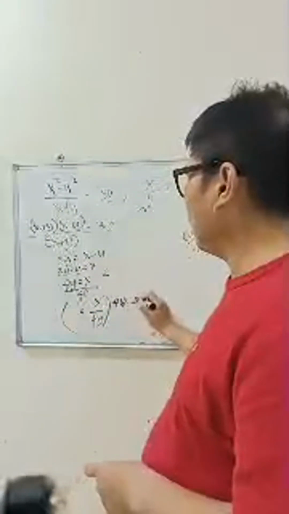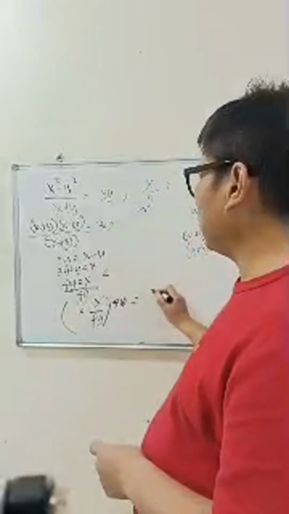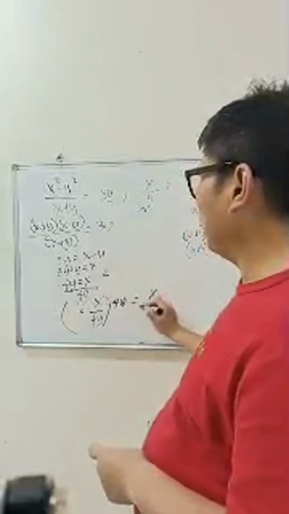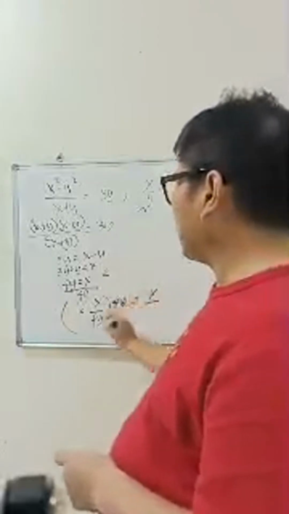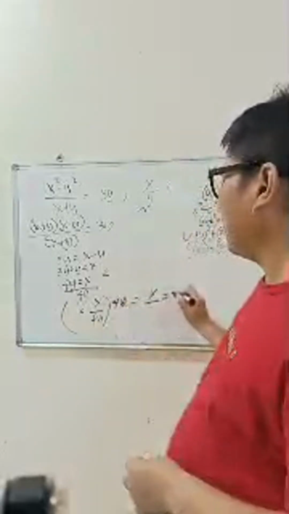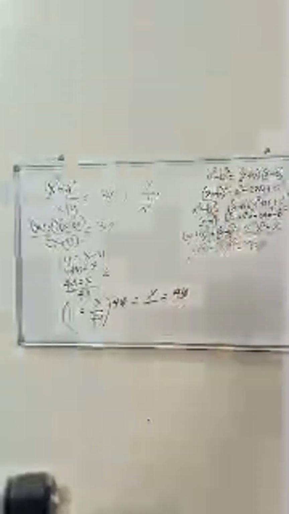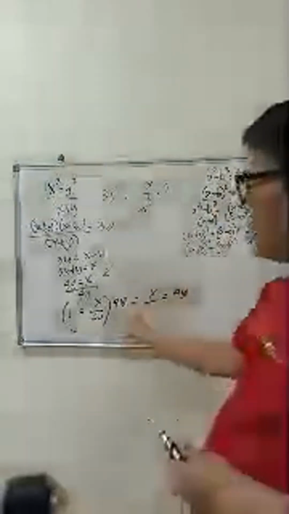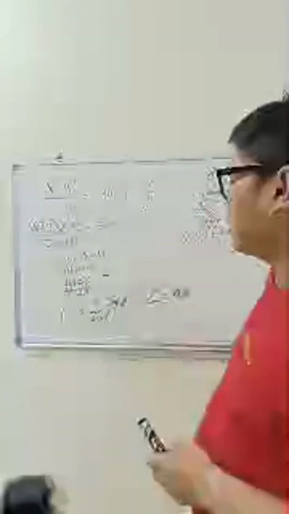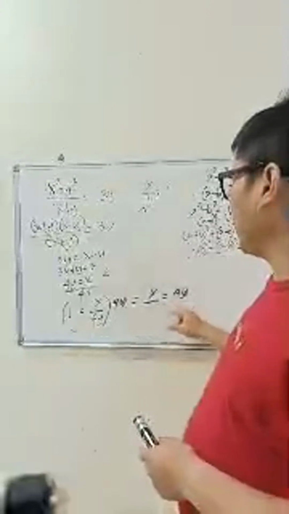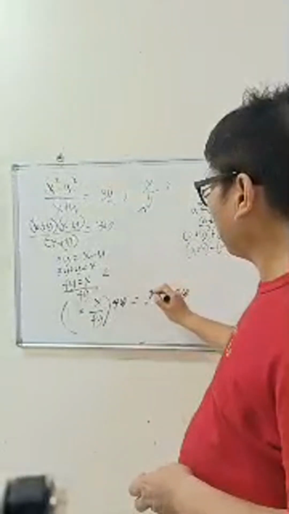So 4y and 4y cancel, and what's left is x is equal to 4y. Right?